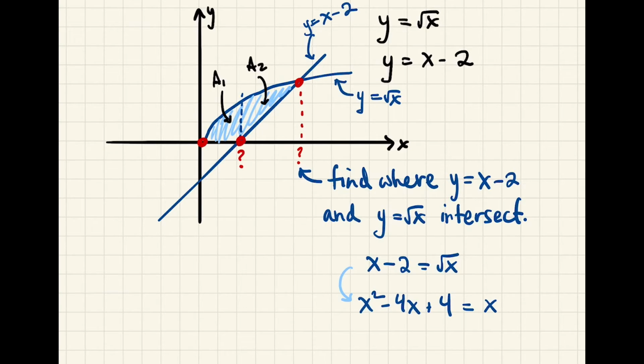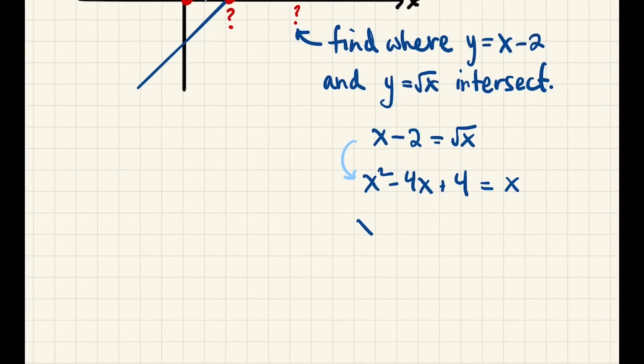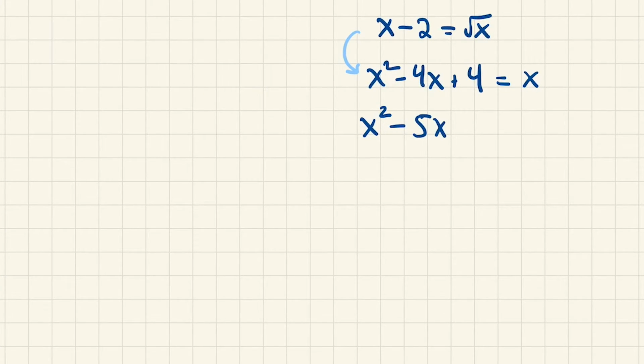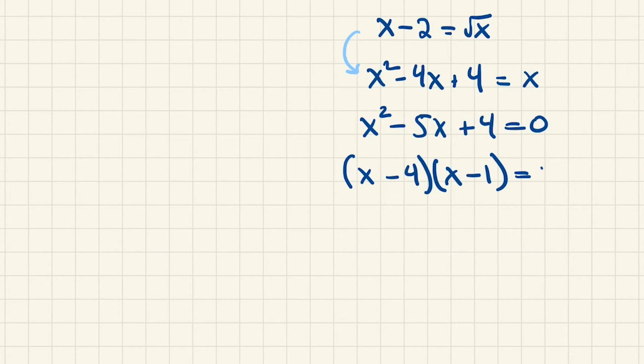Squaring the right, we get an x. So this becomes x squared minus 5x plus 4. Little quadratic factors: we get x minus 4, x minus 1, and we get solutions of x equals 4 and x equals 1.